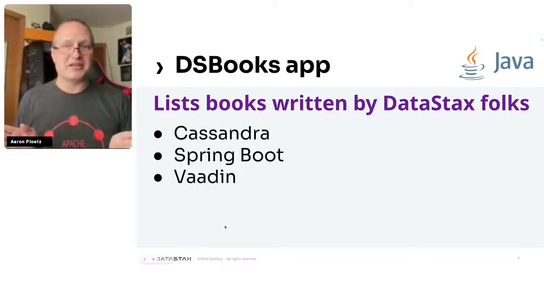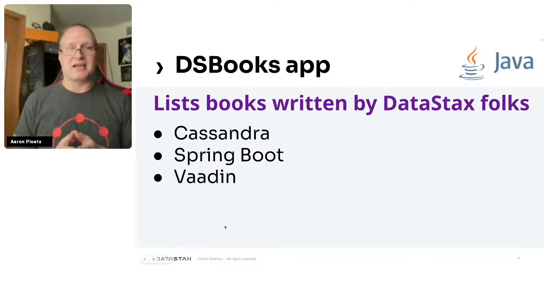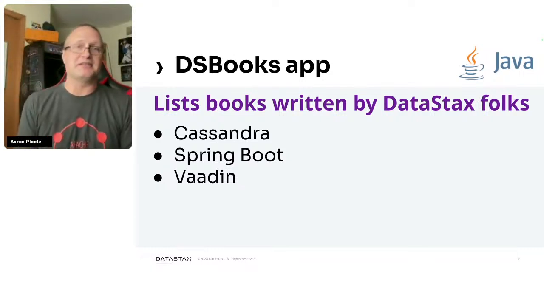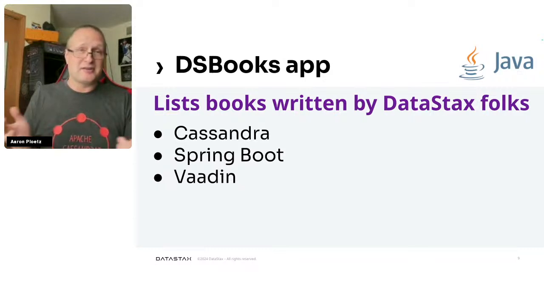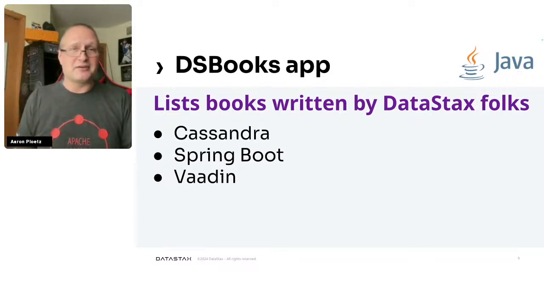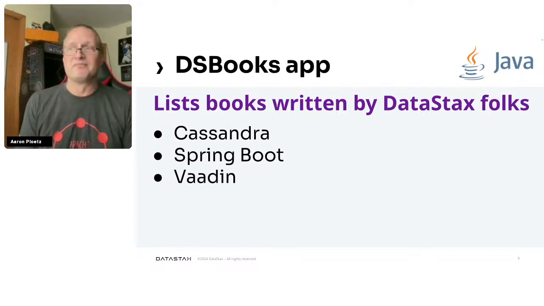So the demo application that we're going to build today is called DS Books, and the idea is that we have these books that have been written by DataStax employees. So we're going to build an application that lets us list them out, catalog them, maybe even do a little bit of easy searching by title or author.